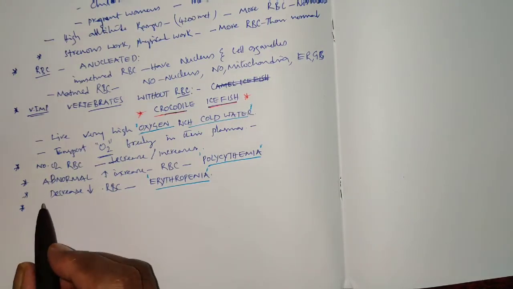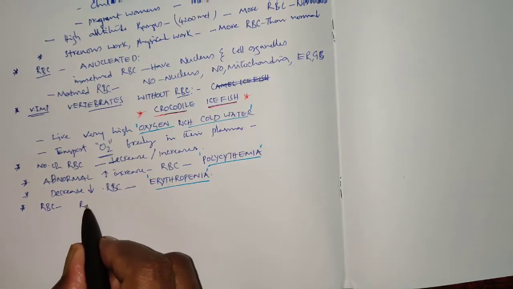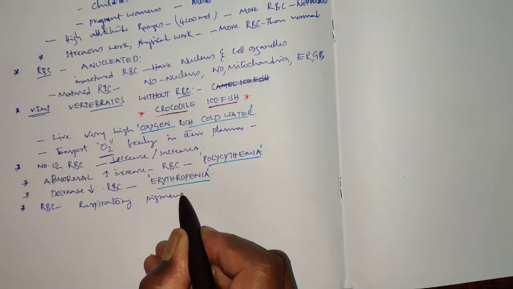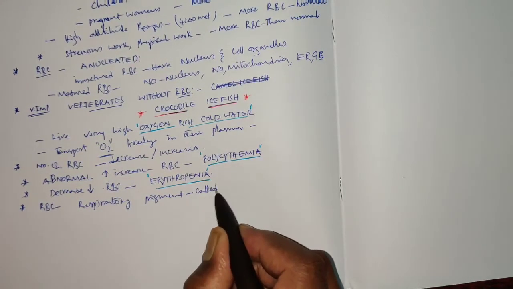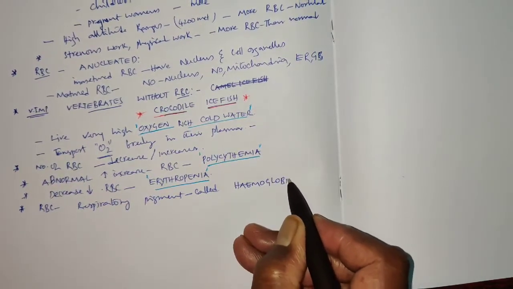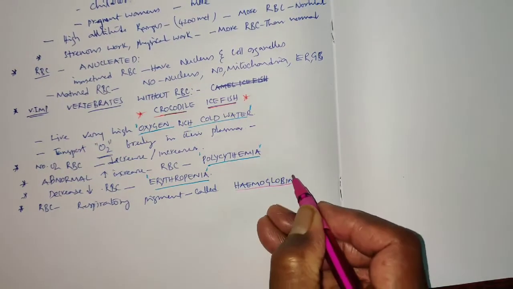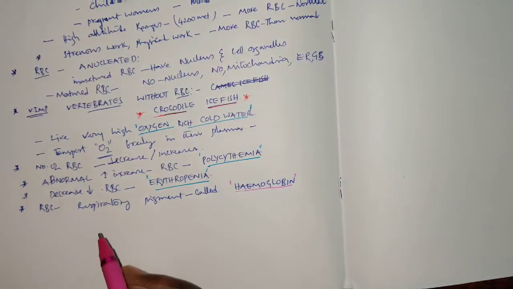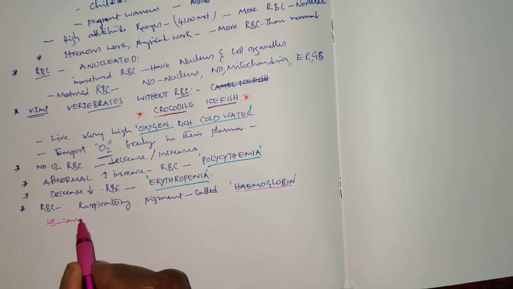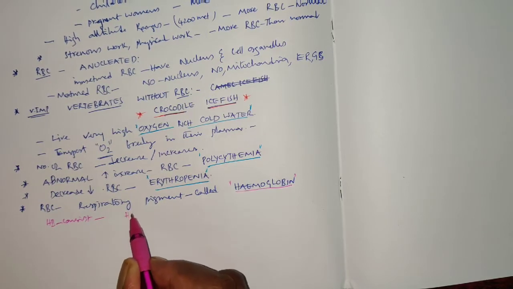Red blood cells have a respiratory pigment called hemoglobin. This hemoglobin consists of heme and globin.